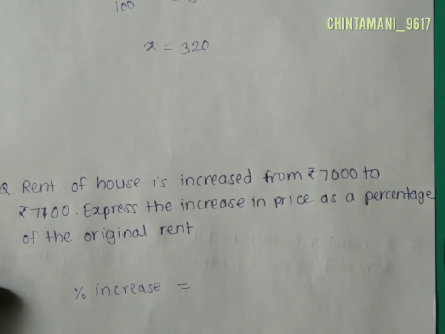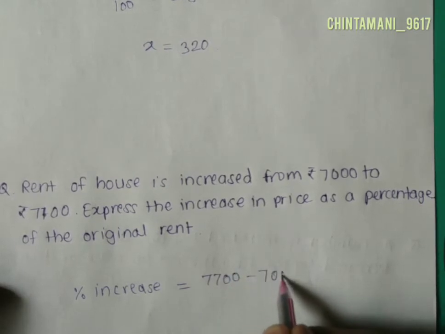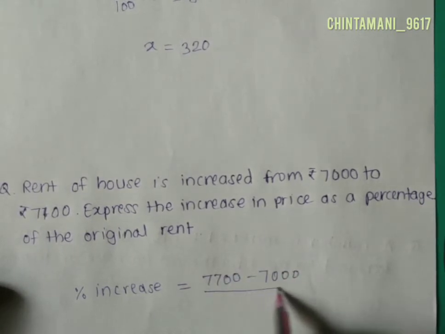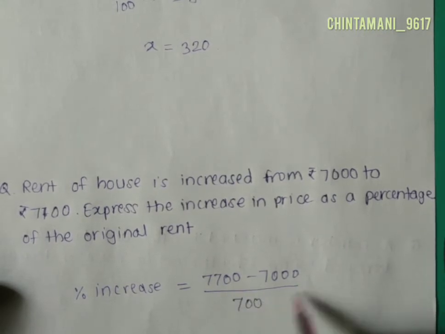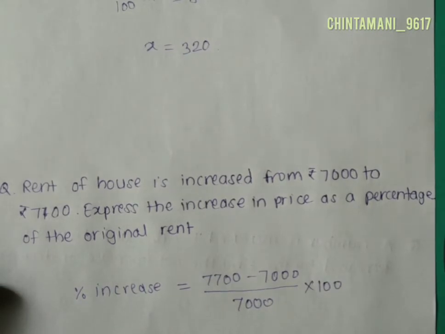How much value is increased? That is 7,700 minus 7,000 divided by the initial value. What is the initial value? 7,000, into 100. So that will be 700 divided by 7,000 into 100.